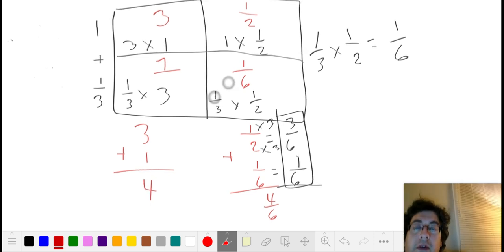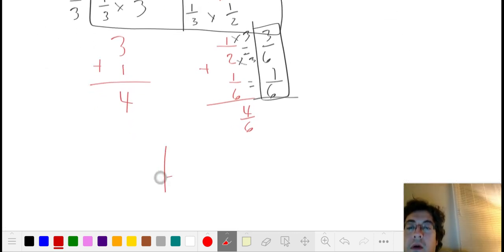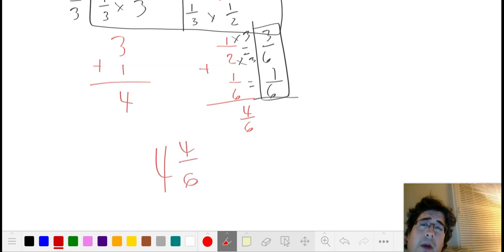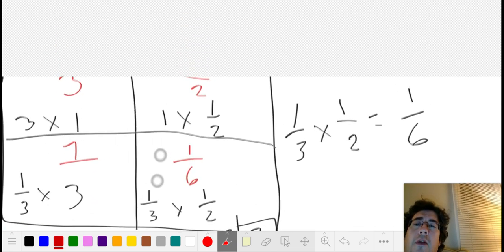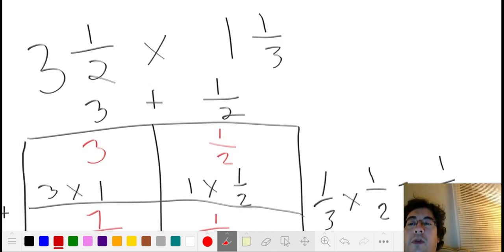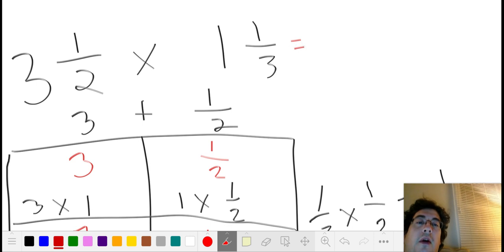And then I'm simply going to make my mixed number by putting my 4 and my 4/6 together, and lo and behold, the product for 3 1/2 times 1/3 is 4 and 4/6.